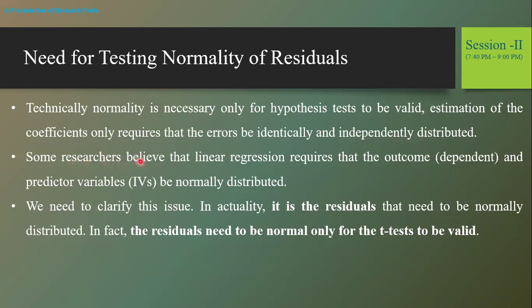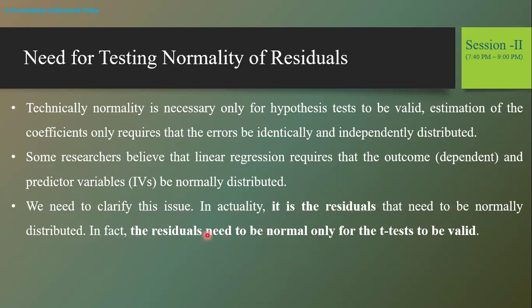Some researchers believe that linear regression requires that the outcome or dependent variable and your independent variable be normally distributed. Some researchers require this, but the majority of researchers agree that you need to check the normality of your residuals. So we need to clarify this issue. In actuality, it is the residual that needs to be normally distributed.